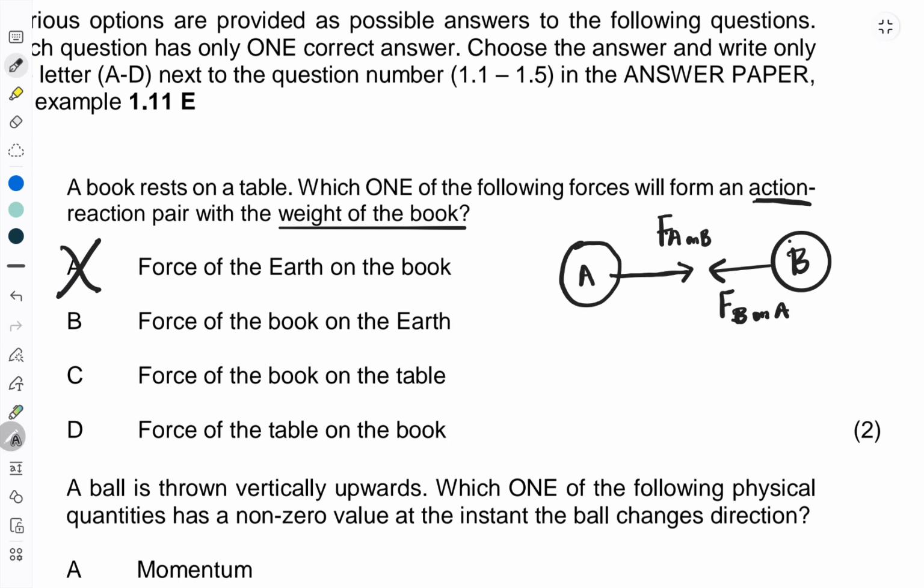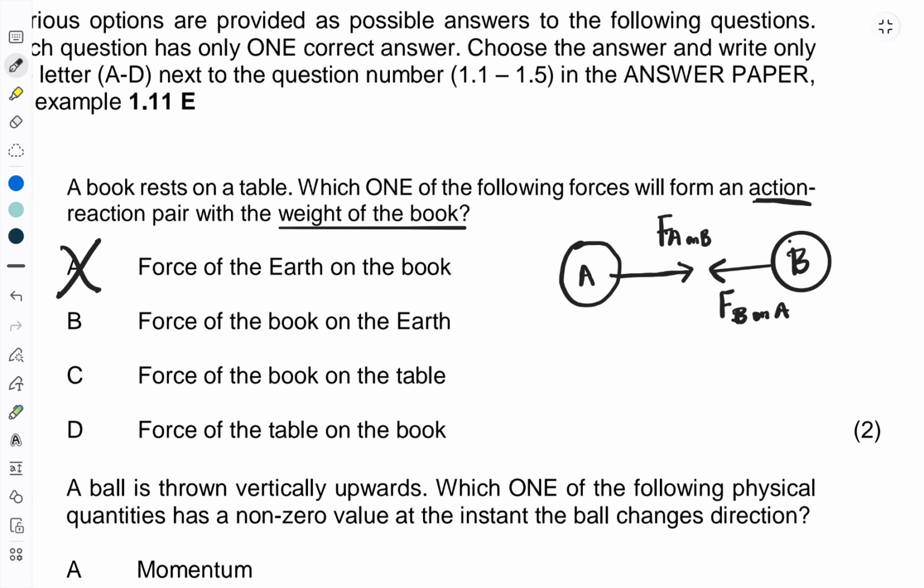Number B, force of the book on the Earth. Yes, the force of the Earth on the book is our weight, so that's F A on B. Now the book must exert the exact same amount of force back on the Earth, but in the opposite direction.